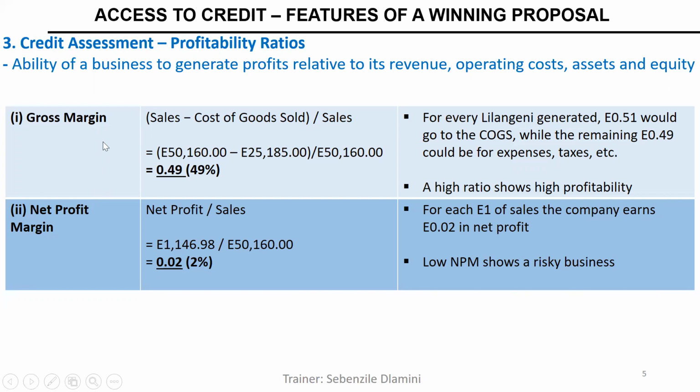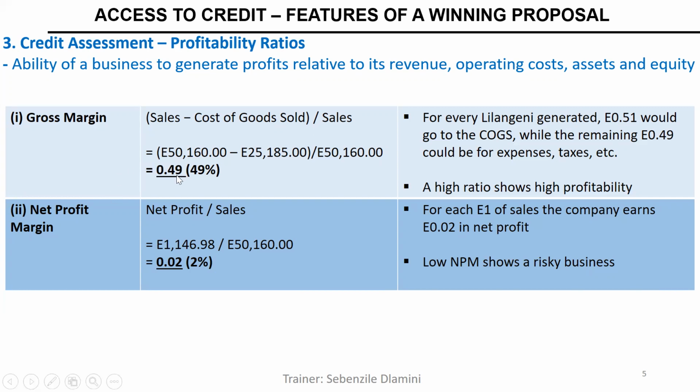The first ratio is gross margin. This is calculated by dividing the difference between sales and cost of goods sold by sales income.